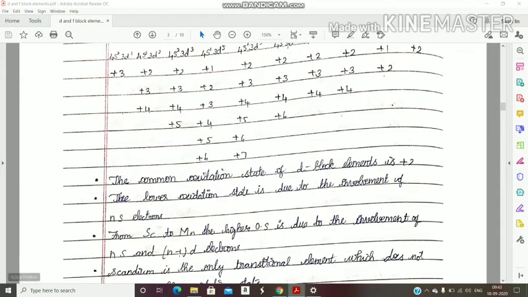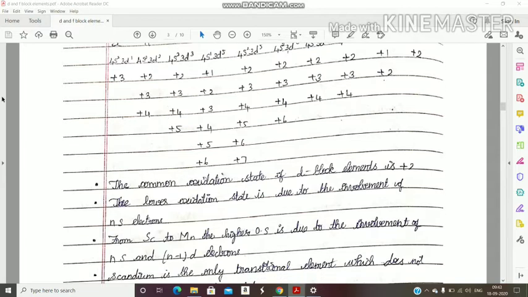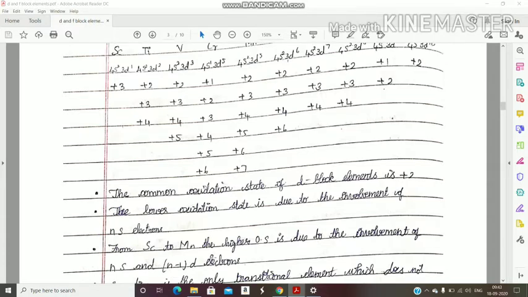Next, from scandium to manganese, the higher oxidation state is due to the involvement of ns and (n-1)d electrons. What is the point here? Higher oxidation state, that means in case of scandium, this is the only one oxidation state, so it is formed due to involvement of ns and (n-1)d electrons, 2 plus 1. In case of titanium, +4, that means 2 plus 2.